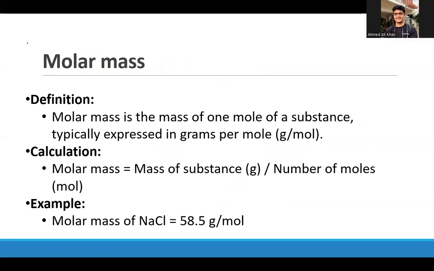Okay, so now let's talk about molar mass, how to calculate the moles, right? So moles का simple जो formula है ना, if you want to calculate how many moles of a substance you have, so simple, the moles equals the mass of a substance, जितनी भी mass है in grams, divided by the molar mass, ठीक है?